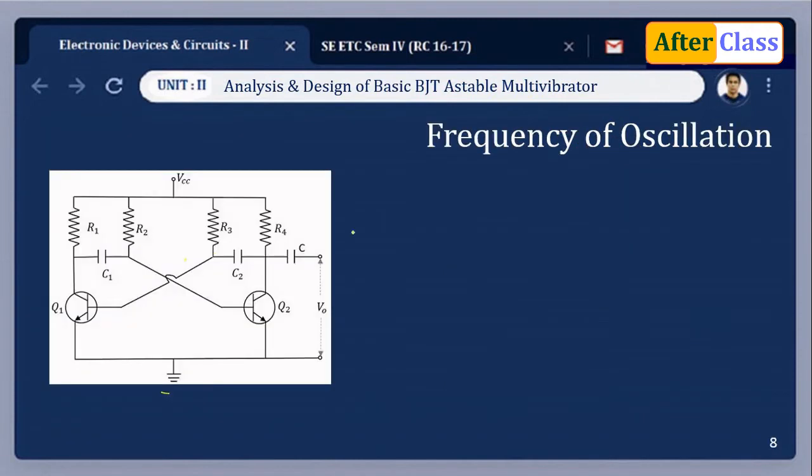Now let us discuss the frequency of oscillation. In the first case, let us assume transistor Q1 is conducting and Q2 is off. Hence VC1 equals 0 volts and VC2 equals VCC.